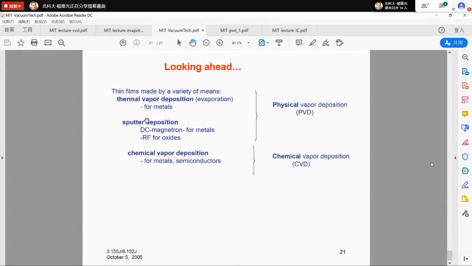Or we can use sputter, which is DC magnetron for metals, or RF for oxides. Of course, we also talk about CVD, chemical vapor deposition. So this is the whole film growth.